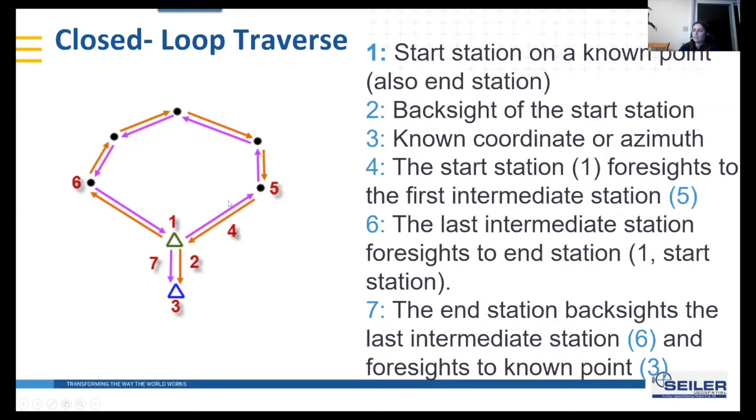And the last intermediate station goes to 6, and foresights to end station 1, which is also start station. In this process, we will reference both end and the last station as the first station. So ending and the last one is the same. And then finally, the end station backsights the last intermediate station, and foresights to 0.3.